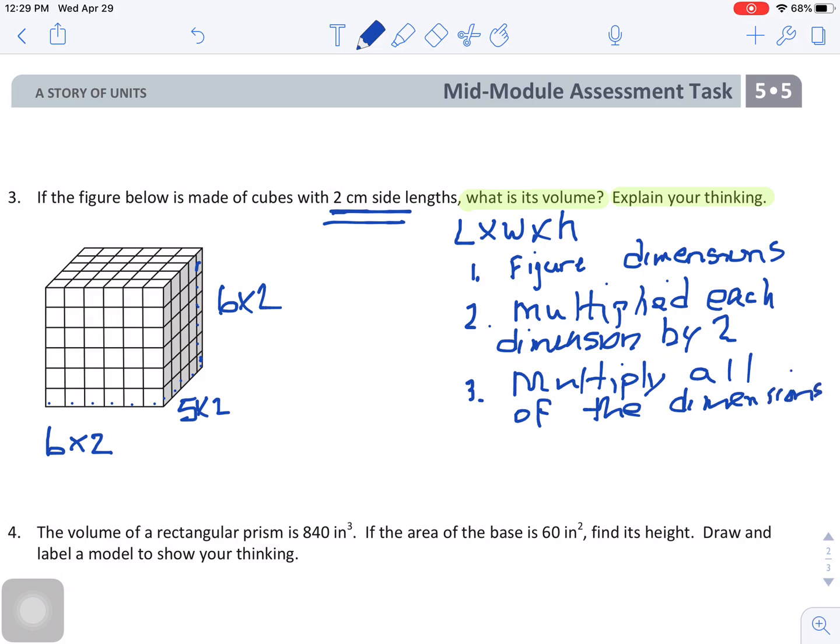And I'm sorry this is so sloppy when I'm writing. It's just a little more difficult on my iPad. Multiply all of the dimensions to find the total volume.